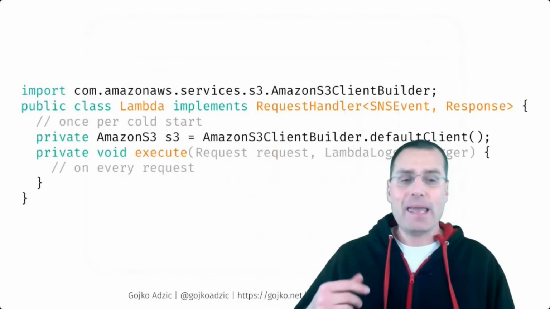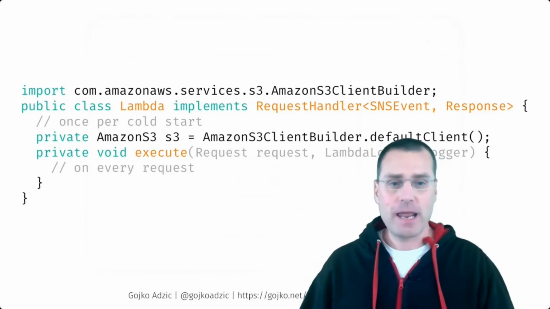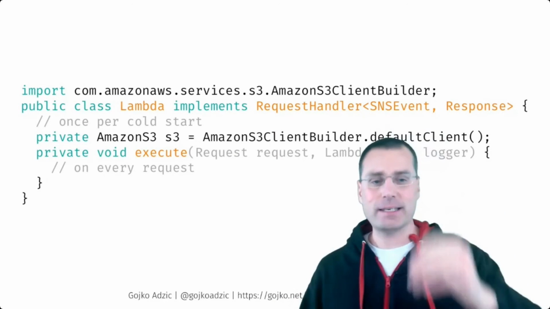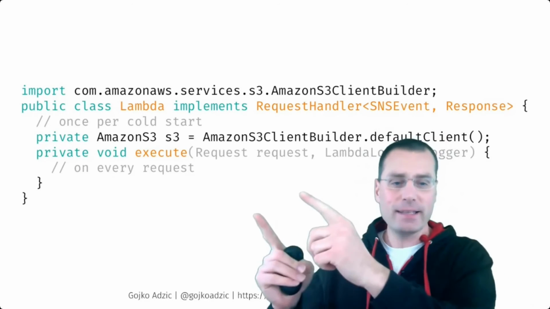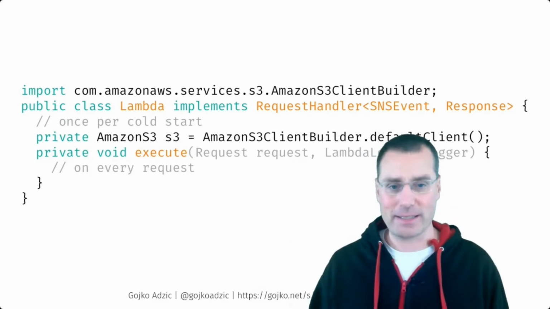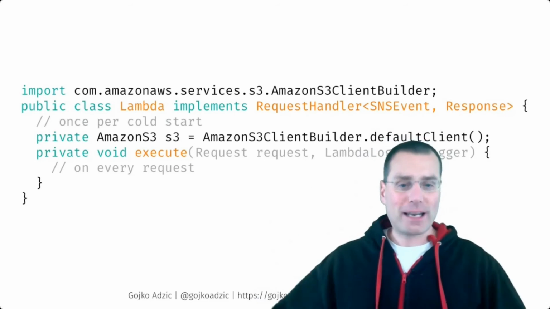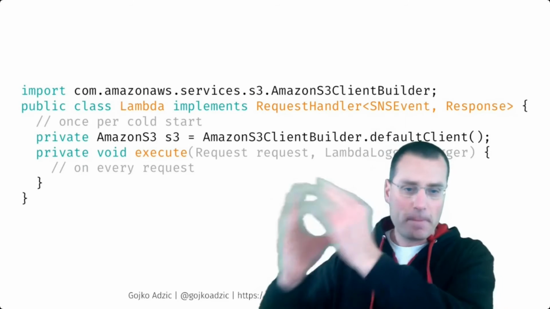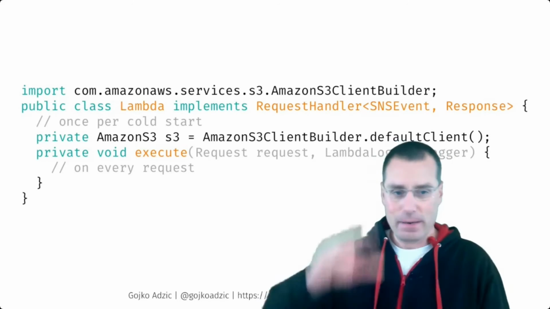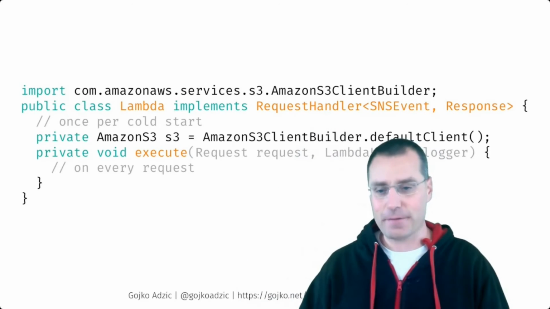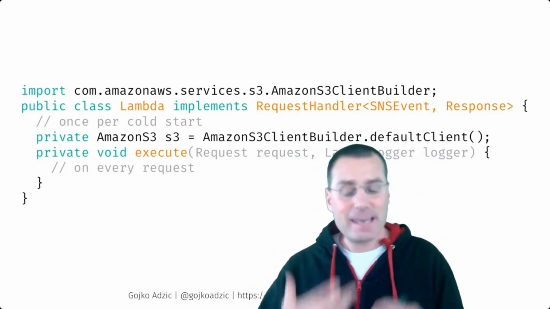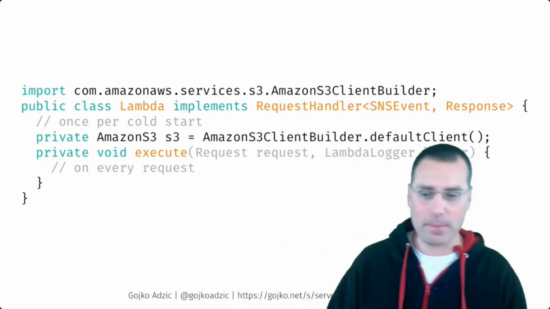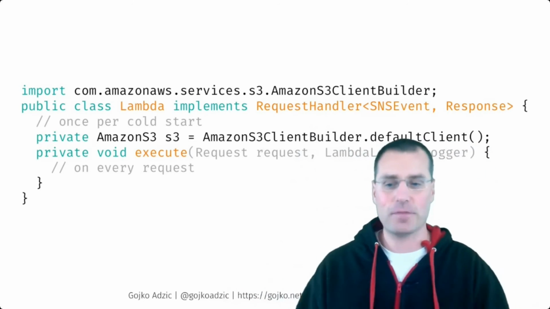Well, if you have a Java function, there's a part that executes statically once per cold start, and there's a part that executes on every request. So move all the very, very slow stuff to avoid the cold start, and potentially think about caching these things to optimize them and really make starting of the function quick.